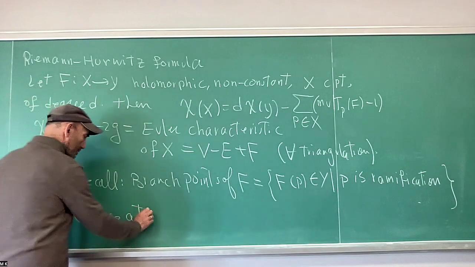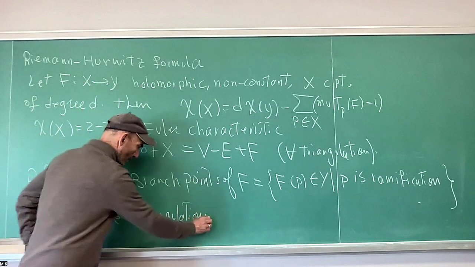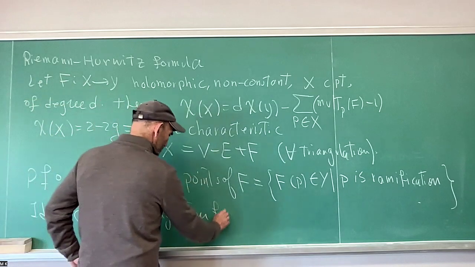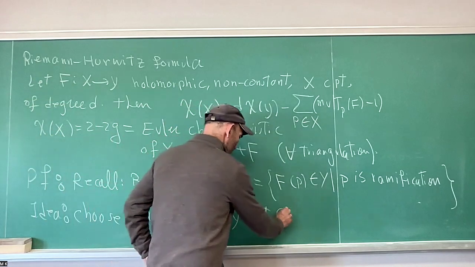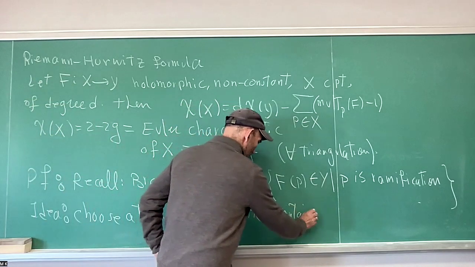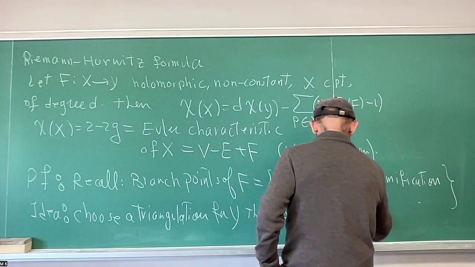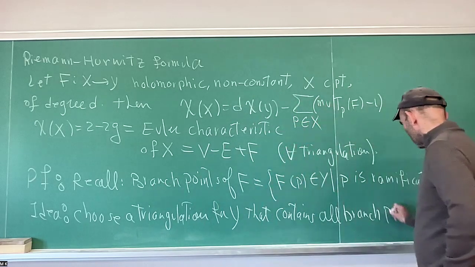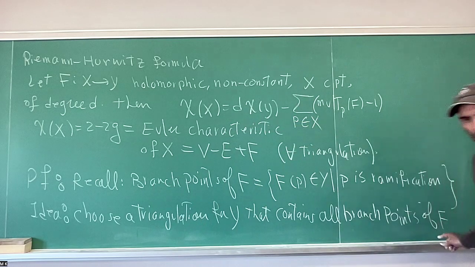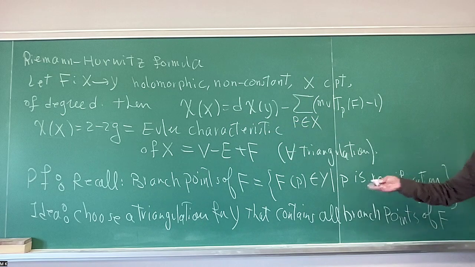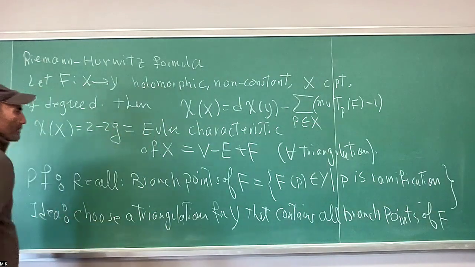Choose a triangulation for the base that contains all branch points of F. So it contains all branch points of F, but possibly more. There could be more. So the picture that we will have is the following.